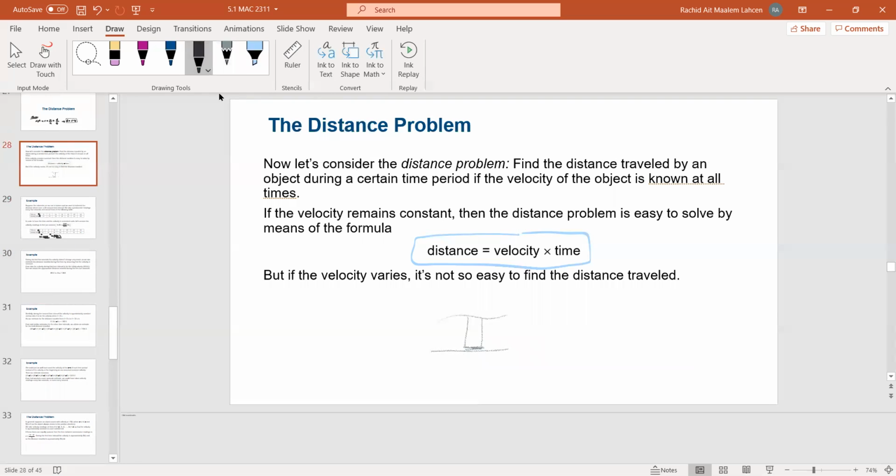Let's say you have time and you have velocity. Two things you're going to multiply, and you get the rectangle there, and once you add all the rectangles, they're going to give you the total distance. So that's how these two are linked.